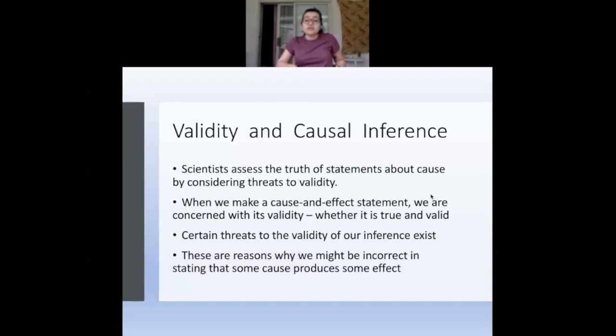Scientists assess the truth of statements about cause by considering threats to validity. Threats to validity we can see as the weaknesses of our research method. When we're researching things, we need to be upfront about what those weaknesses are so we can explain them. Then other researchers could say, oh, that's a weakness, maybe I can build upon it and address that issue in my research.